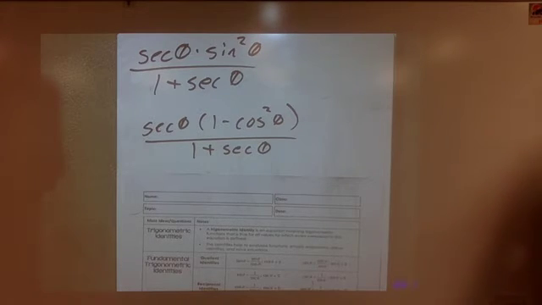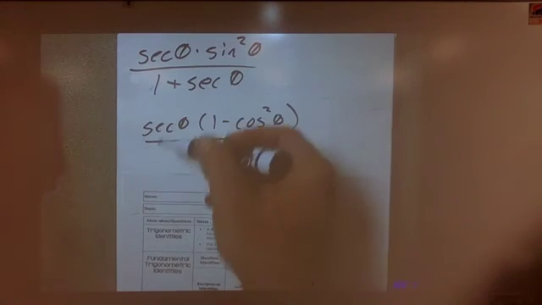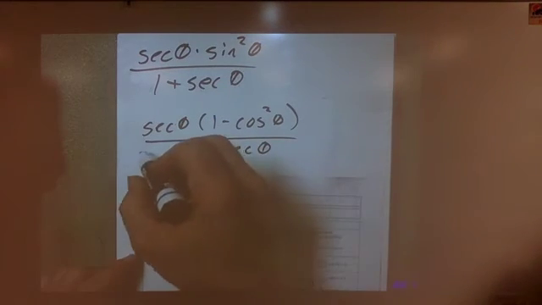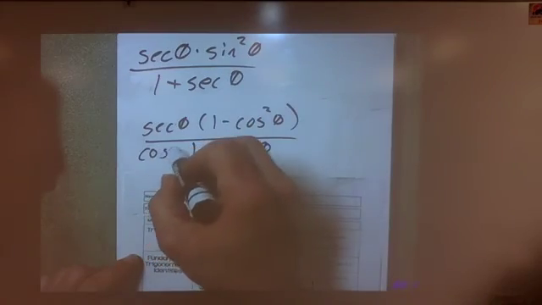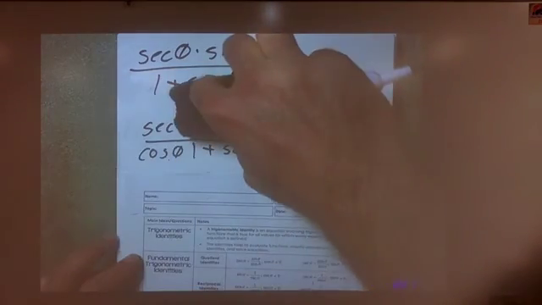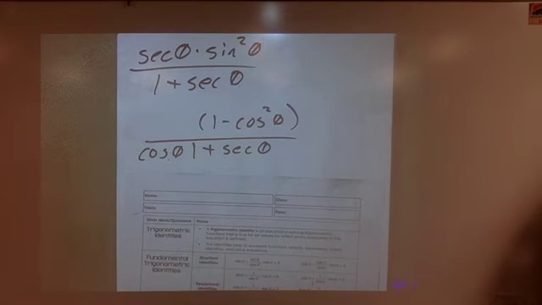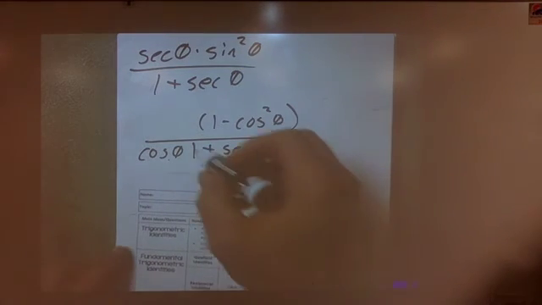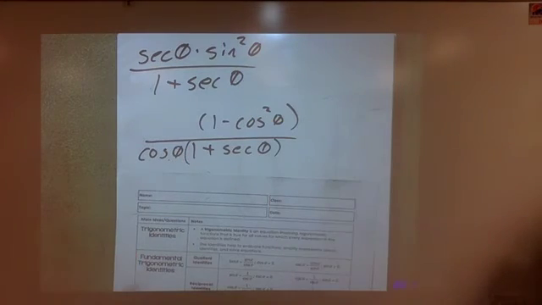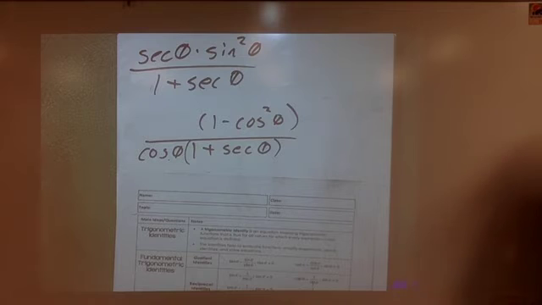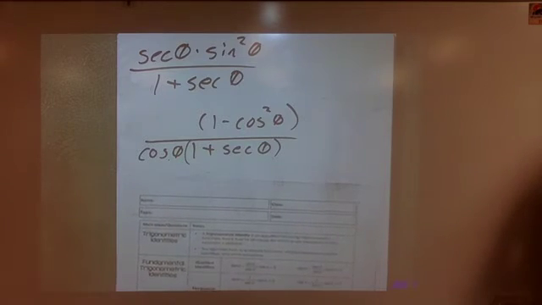So technically you can move the secant into the denominator and make it a cosine, because that's what secant is equal to, 1 over cosine, but I don't see how that really helps anything. You've got cosine times the 1 plus secant theta now, which doesn't seem to be getting us anywhere closer to simplification. Seems more like complification, if that's a word. If not, it should be.